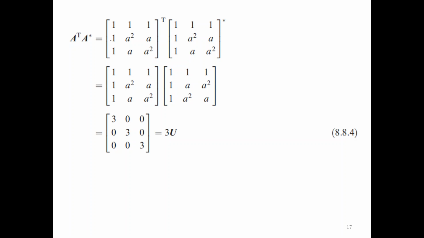Okay, people have done this for you already, right? So once you have multiplied these two matrices, what you get is 3 times the identity matrix.